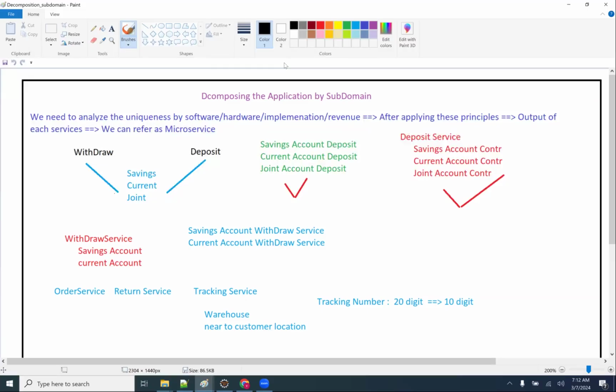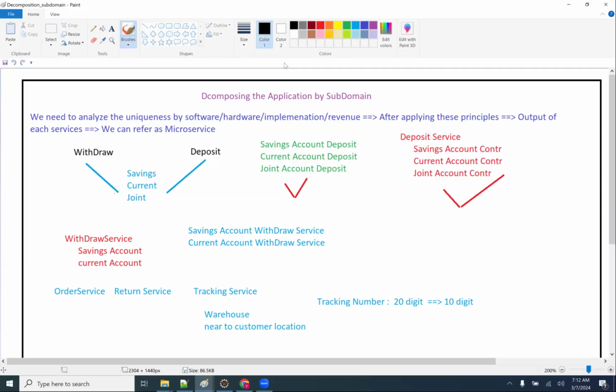And we'll think of communication in upcoming patterns. But as of now, order service, return service, tracking service, these three are completely different. If there is a problem in return service, I can continue with order service.